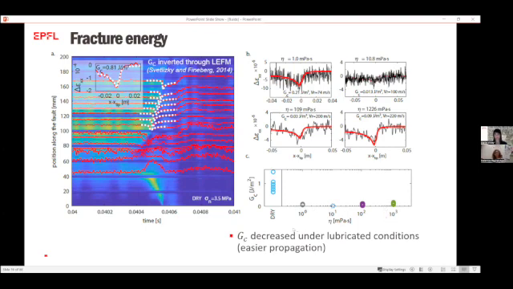So this means that the fracture energy under mixed lubricated conditions decreased. And this means that in this specific case, in these conditions, there is an easier rupture propagation.